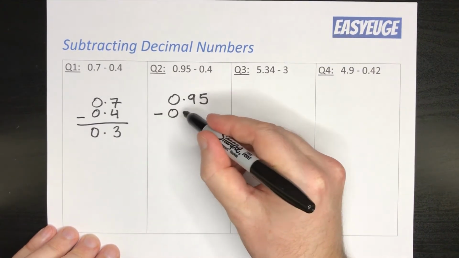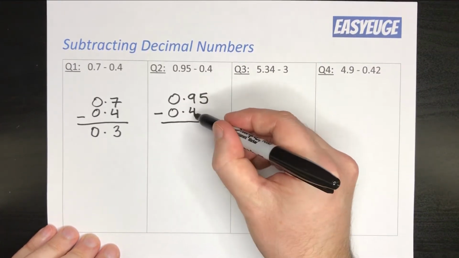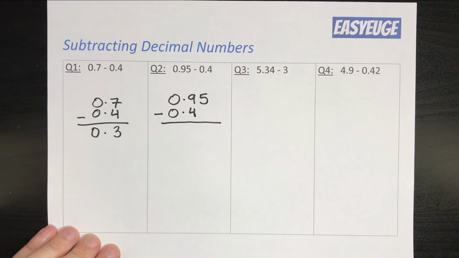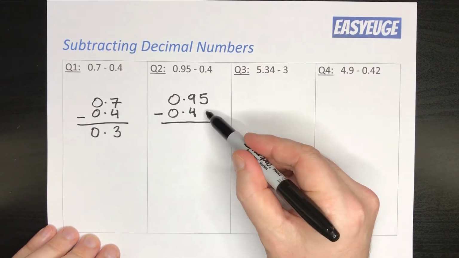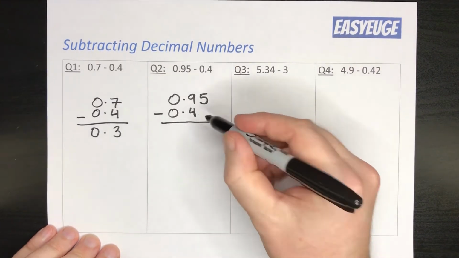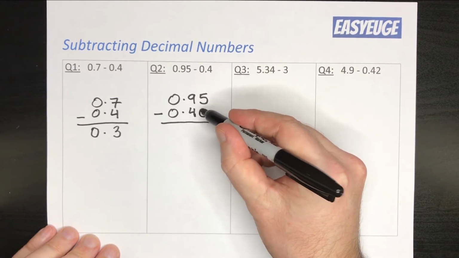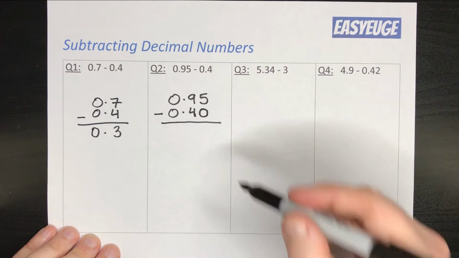So let's take away 0.4 and then we'll draw our answer line. Okay, so before we start, I've noticed there's a blank space here. When you're subtracting decimal numbers or working with decimals, when you have a blank space, you can simply put in a 0. And now let's go ahead and subtract.